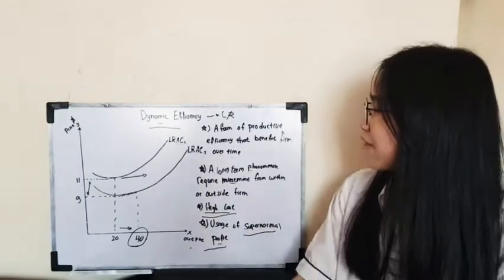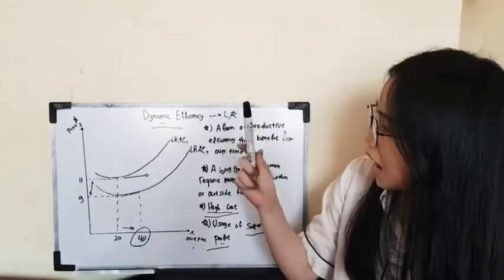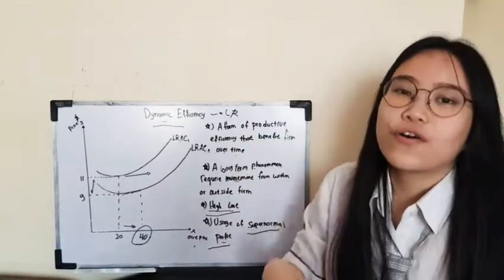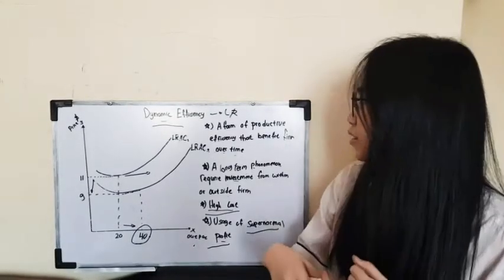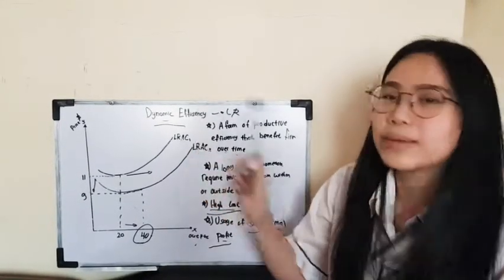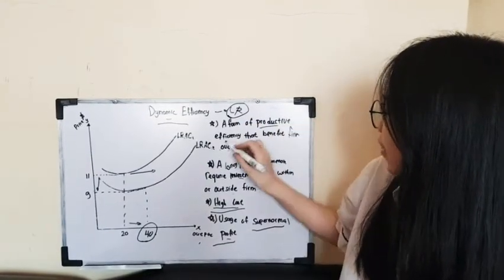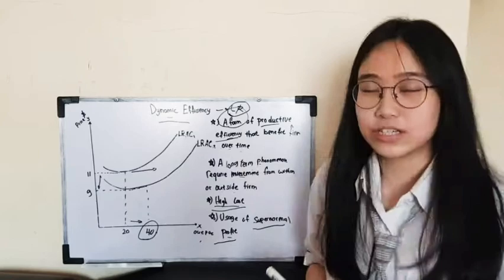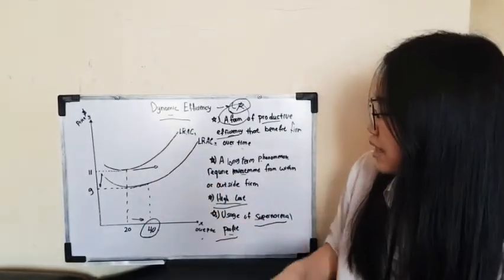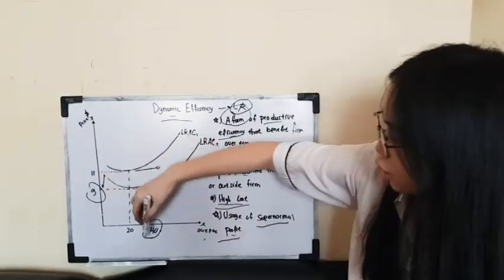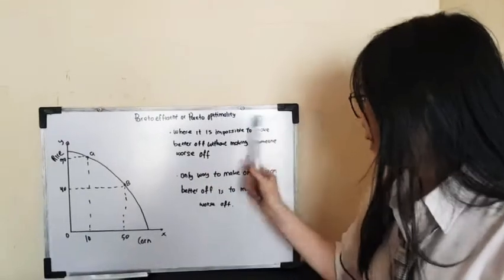So dynamic efficiency is long run and is able to push our costs down from research and development. The main point we should remember is long run, and it's also the same as productive efficiency, a form of dynamic efficiency. Also, it will cause the curve to shift to the right, which then causes price to decrease but output to increase.